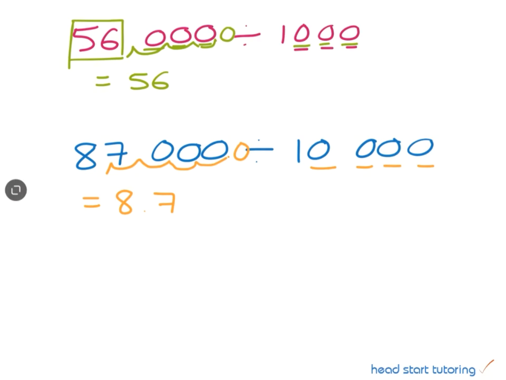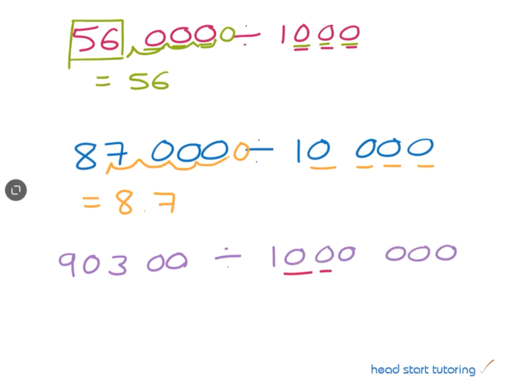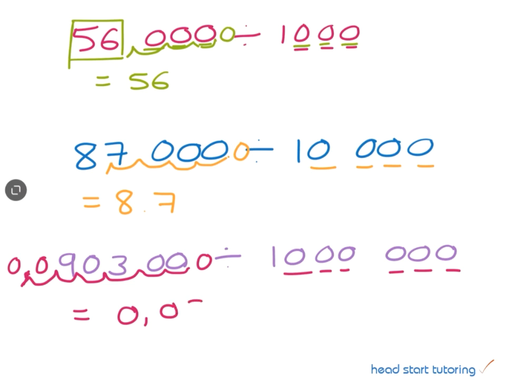If we have a look at 90,300 divided by 1 million, because we have got 1, 2, 3, 4, 5, 6 zeros in a million, we need to bring in 6 decimal places. So we've got 0.0, 1, 2, 3, 4, 5, 6. There's our new decimal point. We put in our placeholders and we end up with an answer of 0.0903. And you can put your 000 at the end, but you don't have to.